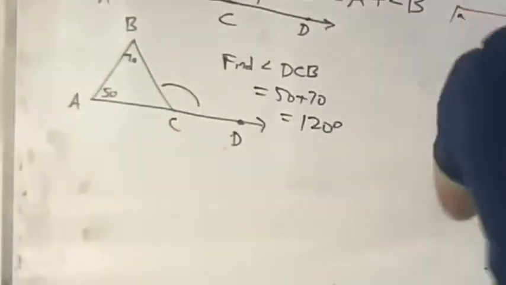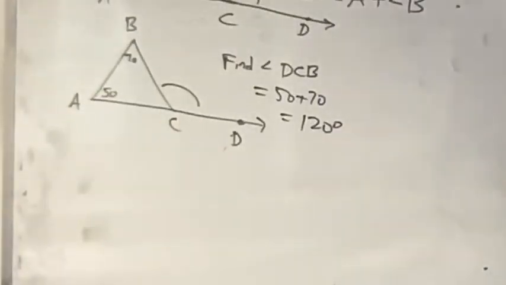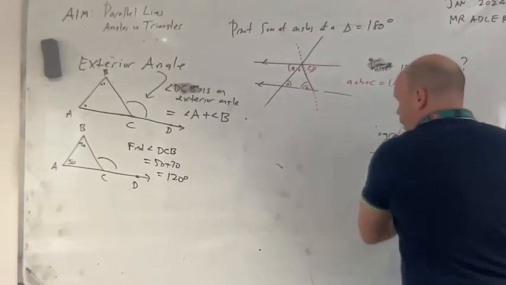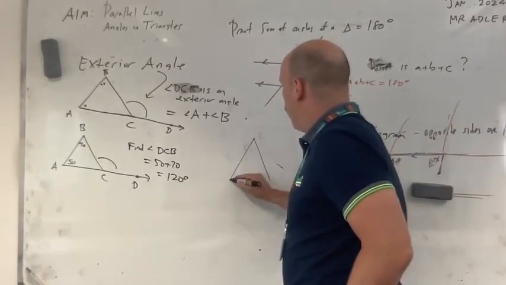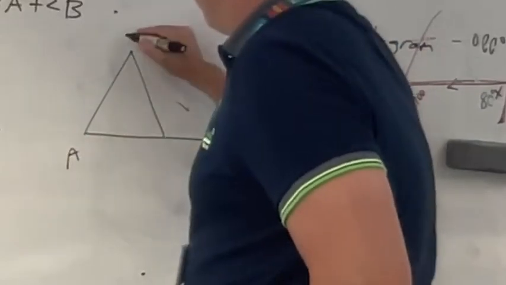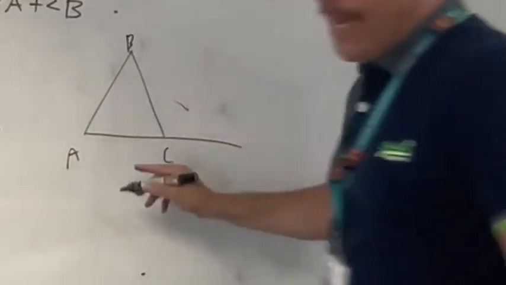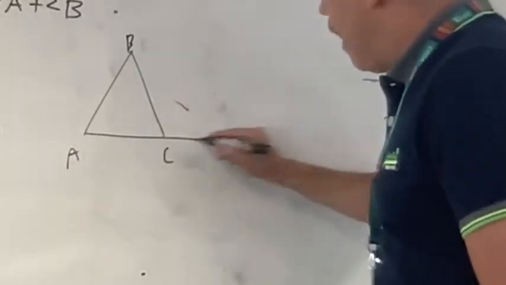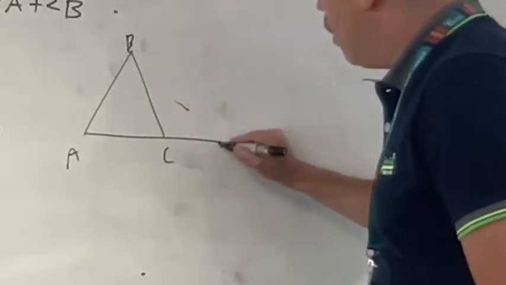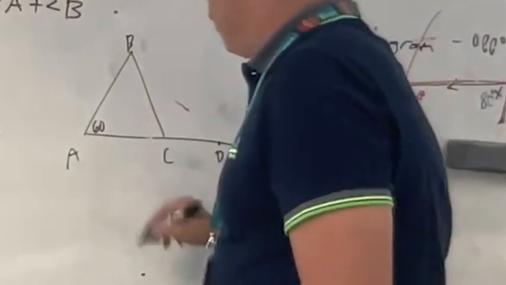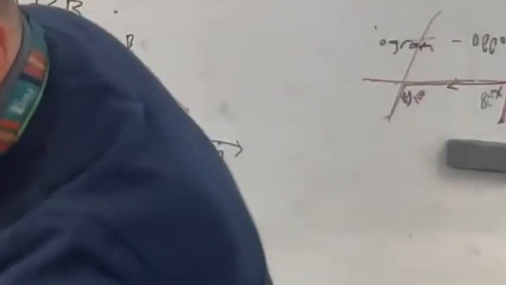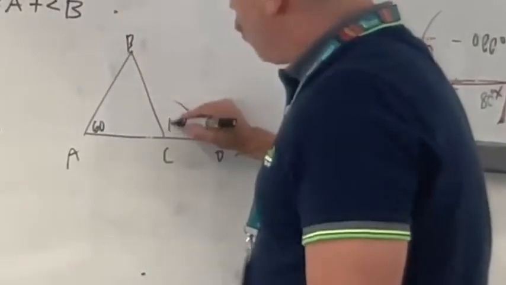Maybe I might mix it up a little bit. I gave you another triangle. Here's A, B, C. I'm going to extend A through C. I'm going to tell you that this angle A is 60 degrees, and angle DCB is 150 degrees.